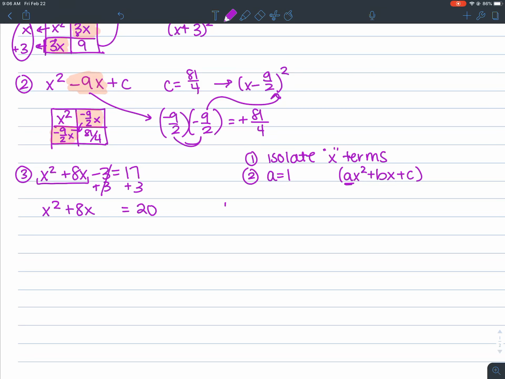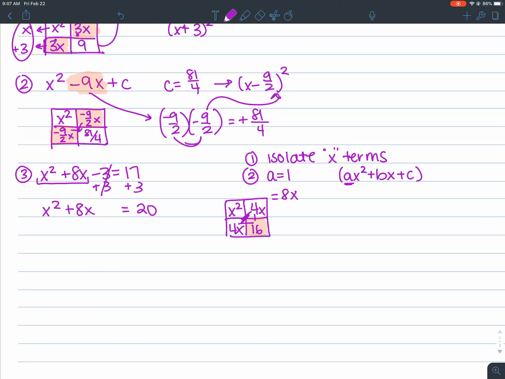And I'm going to use completing the square to say, okay, x squared's here. These two need to add up to 8x, and they need to be the same. So that would be 4x and 4x, which means in order to complete the square, we do 4 times 4, which is 16.